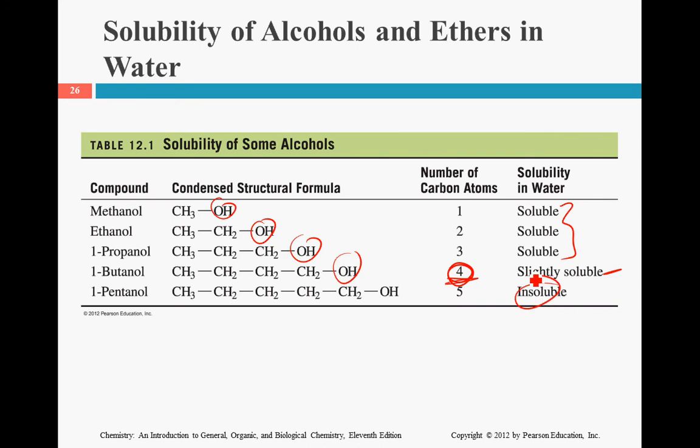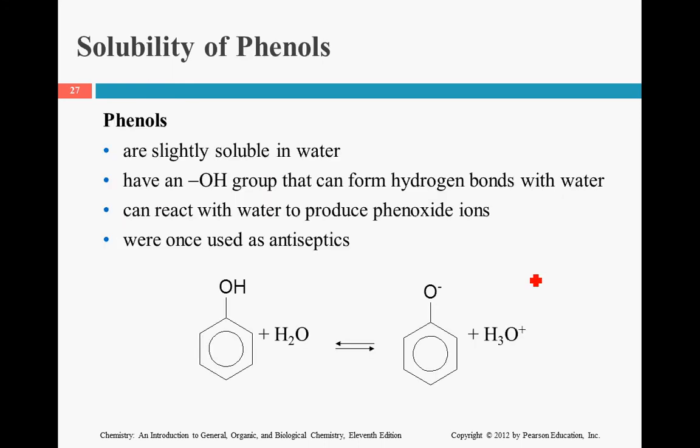It's just going to sit there. Phenols are similar. They're only slightly soluble. So ethers and phenols are only slightly soluble, whereas alcohols are soluble up until you get to the 4th one. It can form hydrogen bonds because of the OH group, and that's about the extent of it.